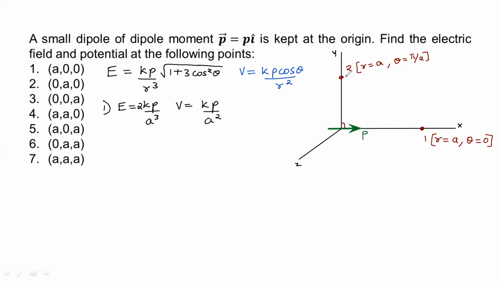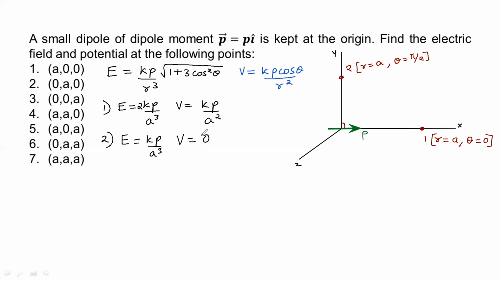You could also see that this particular point is on the equatorial plane of the dipole. All right. So in case 2, the electric field is going to be equal to Kp by a cube because it's on the equatorial plane. Or you could just plug in the value of theta. Cos of 90 is 0, and hence you'll get root of 1, which is 1. So Kp by r cube, where r is a, is Kp by a cube. And V is going to be 0. It's on the equatorial plane.